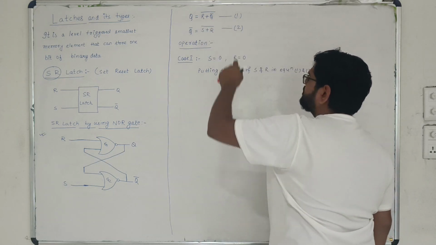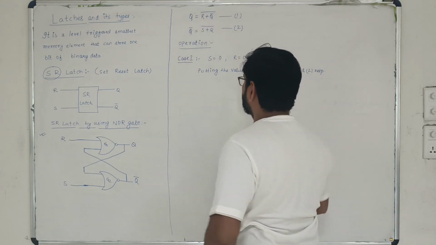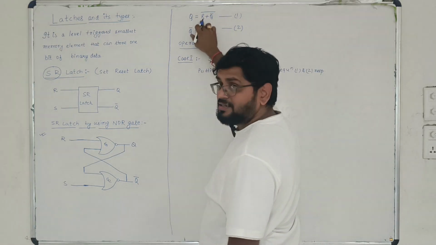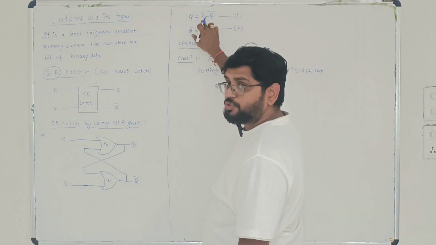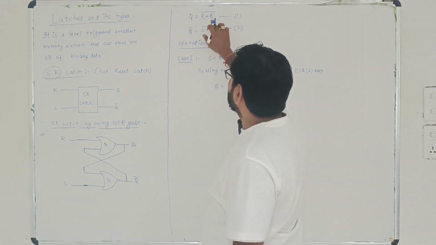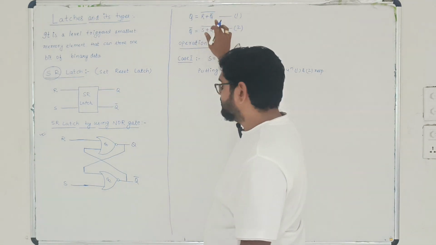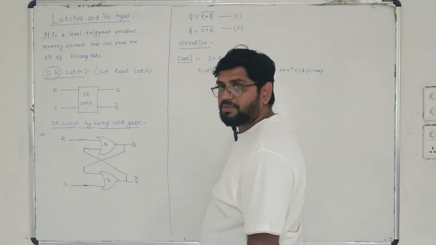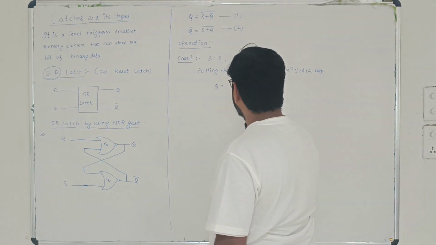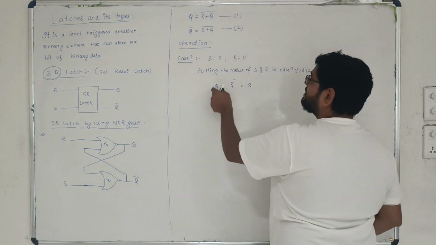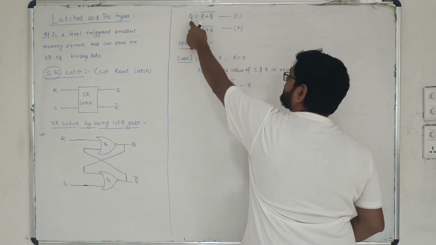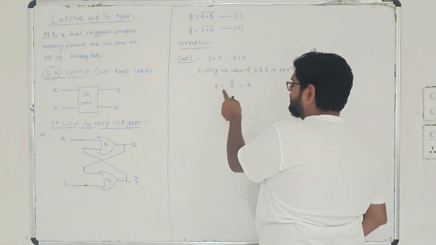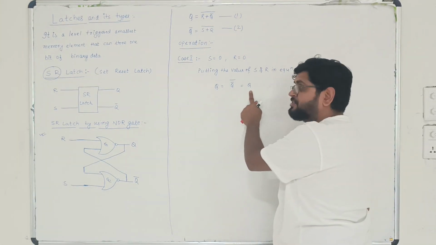If I put R equals 0 in equation 1, I'll get Q equals (R plus Q bar) whole bar. R is 0, so 0 plus Q bar. 0 plus anything is equal to anything. So we'll have Q bar, and once again we'll put up a bar. So that is nothing but Q. So it means we obtain the same value. Whatever value was present previously, the same value remains in the next one.